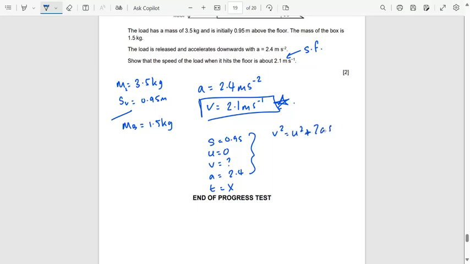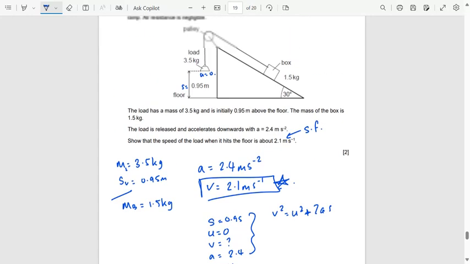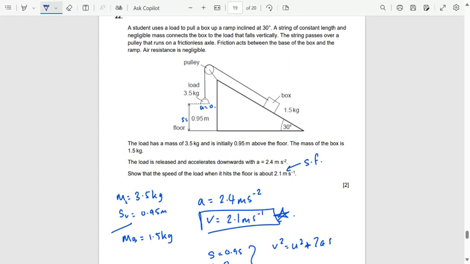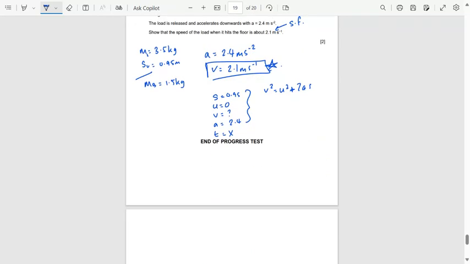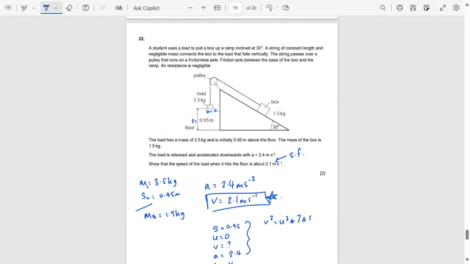Now this is a classic example of where you're given way more information than you need for a certain part of a question. In reality, this was a 2-mark question for this test. This came from a much longer question, which was worth about 11 or 12 marks.